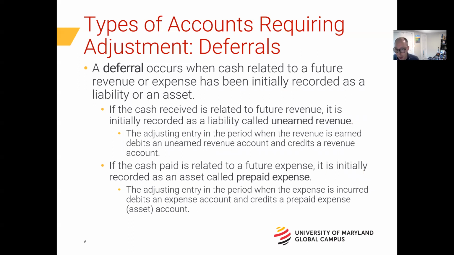Unearned revenue is a liability account. The reason why it's a liability account is because the customer has legal claim to those funds until the point that I provide the good or the service. So therefore, for the company, it's a liability. It becomes earned revenue when we perform the good or the service.